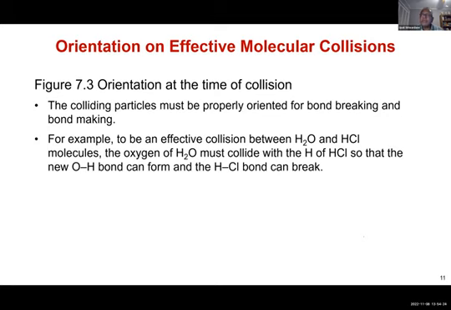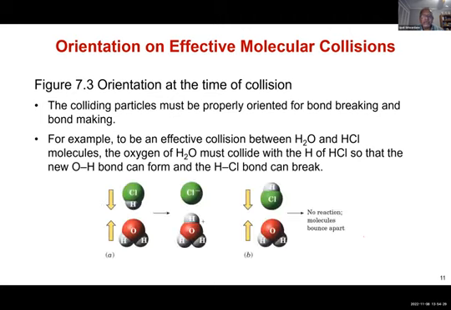HCl produces a proton, and I'm going to show the reaction here. These are the two reactants. This is the product. In this case, a proton is transferred from chlorine to oxygen. So orientation is important.